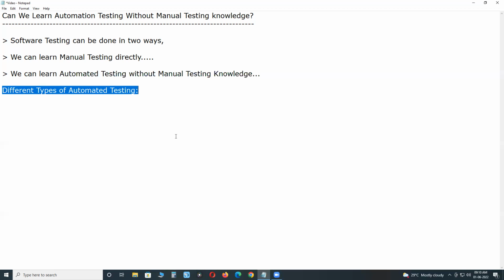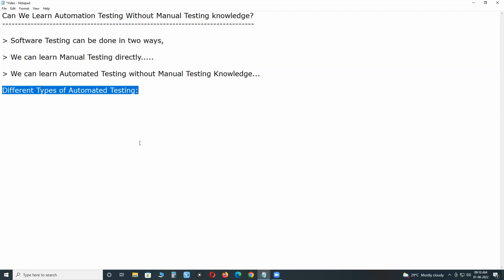In automated functional testing, we have several tools: Selenium, Test Complete, UFT, IBM RFT, Watir, etc. Among these tools, Selenium has the highest market share. Next, Test Complete.